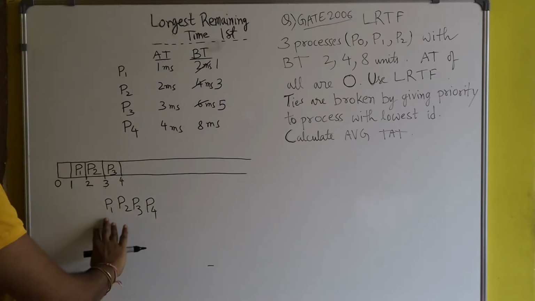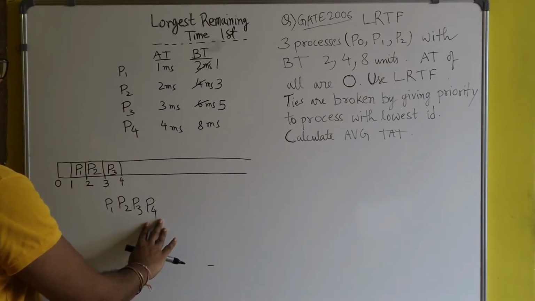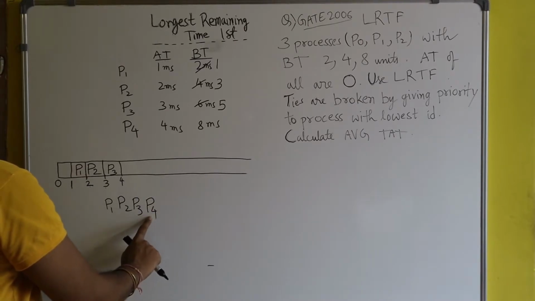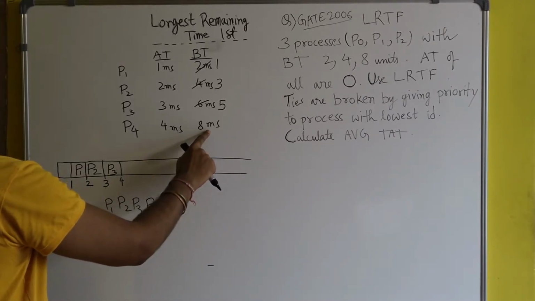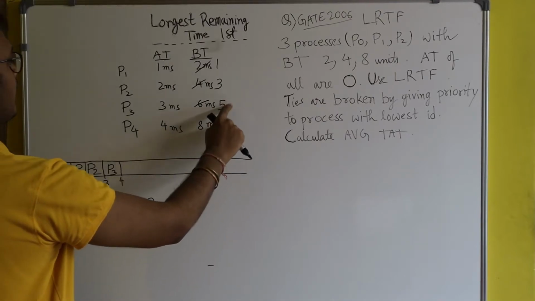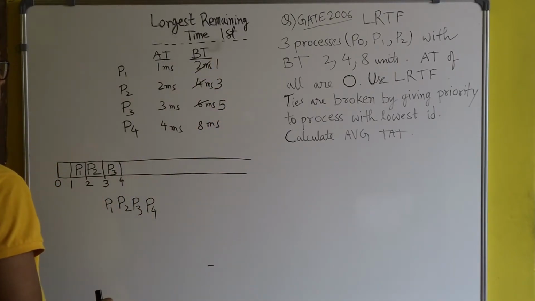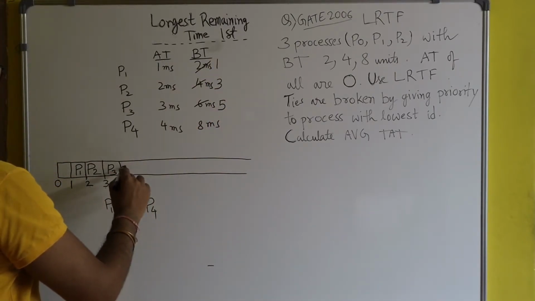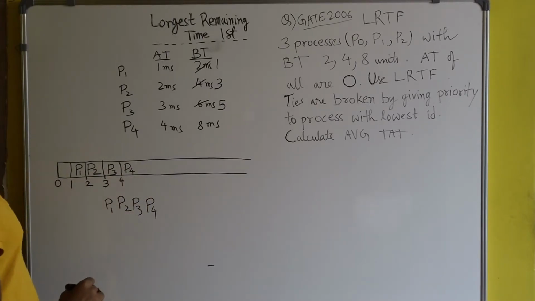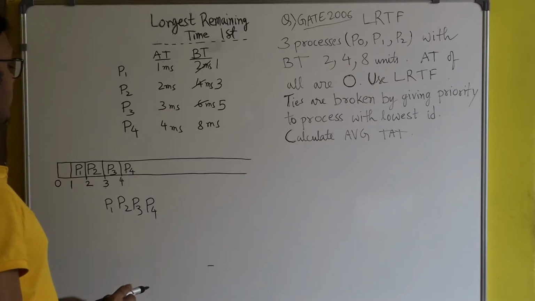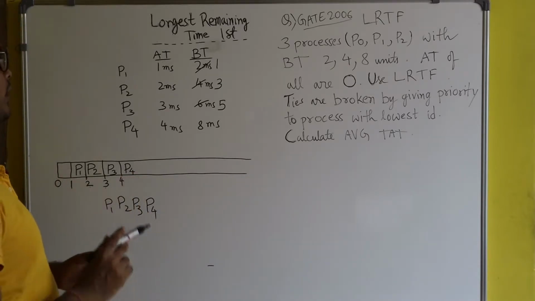Among all these processes, process P4 has 8 milliseconds, which is larger than 5, 3 and 1. So here I will write process P4. Now all the processes have arrived.